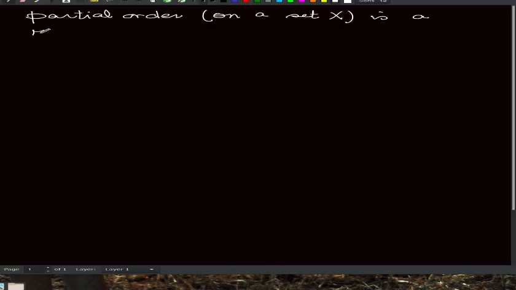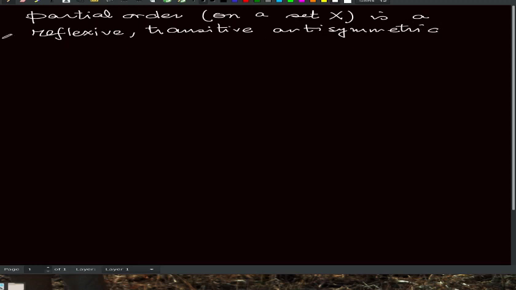It is a relation that is reflexive, transitive and antisymmetric, which we usually denote by this symbol.